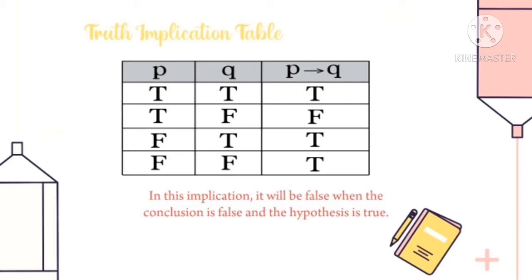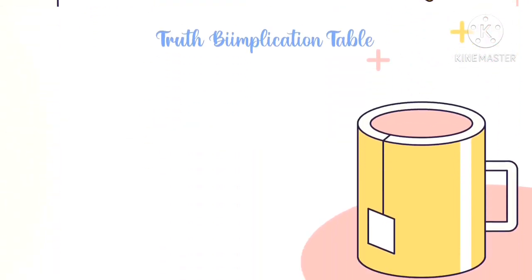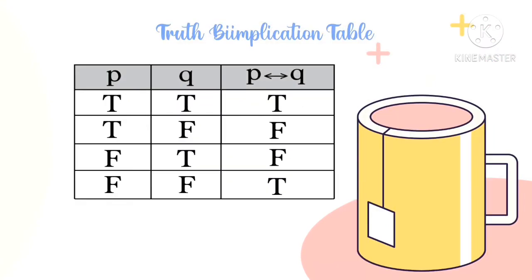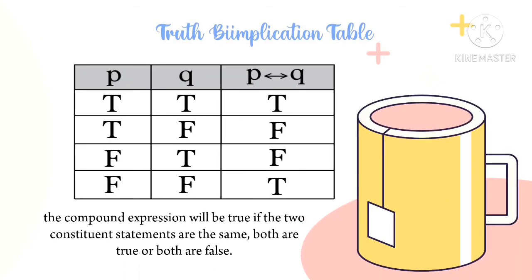And the last, biimplication truth table. You can see this table. In the biimplication, the compound statement will be true if the two constituent statements are the same, both true or both false.